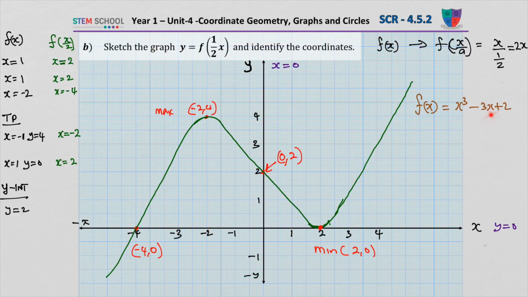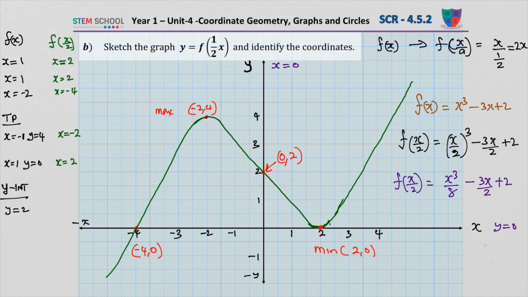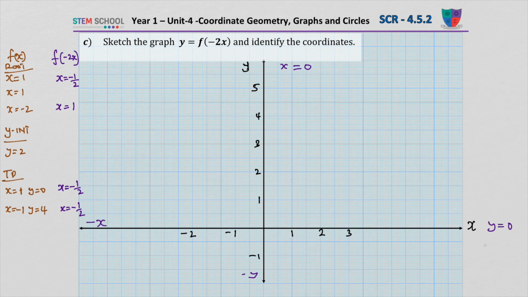So I've replaced the x by x over 2. So now that's the equation of f of x over 2, which is x cubed over 8 minus 3x over 2 plus 2. You can see that's x cubed, 2 cubed is 8, and that's how we got that. So now we can plot these points on the graph.